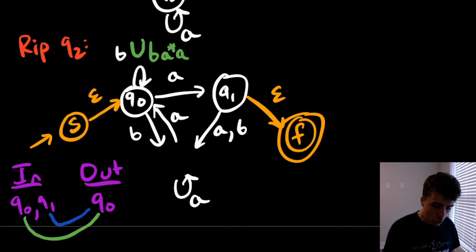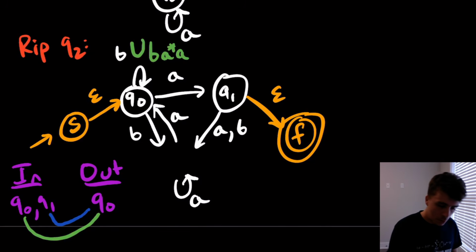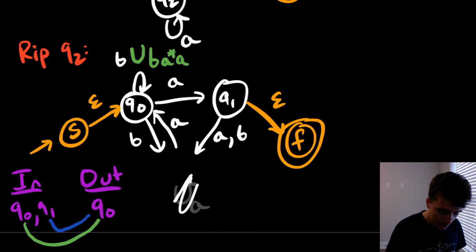A union B was what came in, and we had A star for the self loop just like before. But now we're going back to Q0. So that means we're going to have a transition of the type A right here. So then we need to add a transition from Q1 into Q0, which is the transition we're trying to add.